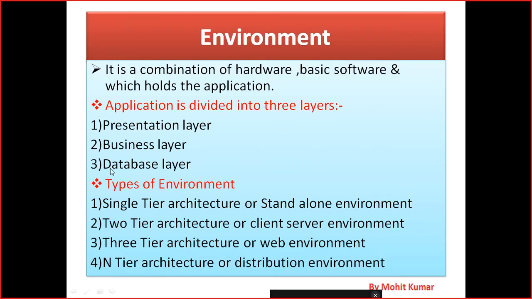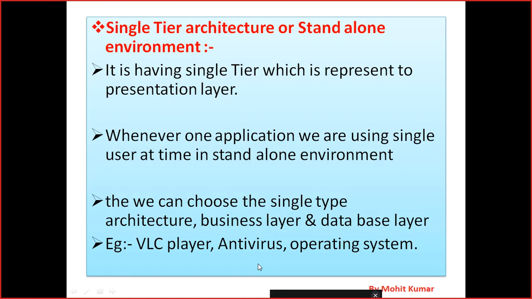Inside this we again have single tier architecture, two tier, three tier, or n tier architecture. Inside this we have the standalone environment, client to server, web environment, and distributed environment. What is the meaning of single tier? It has a single tier which represents the presentation layer.